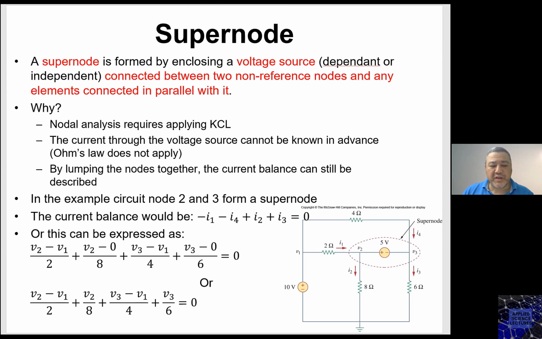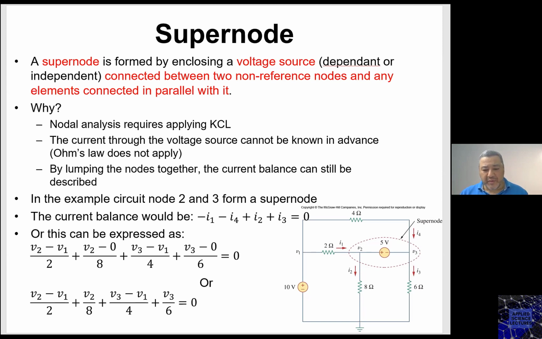So if V2 is minus 2, then V3 should be minus 7. I'm just giving you an example. So keep in mind, this is the definition of the binding expression between two variables.